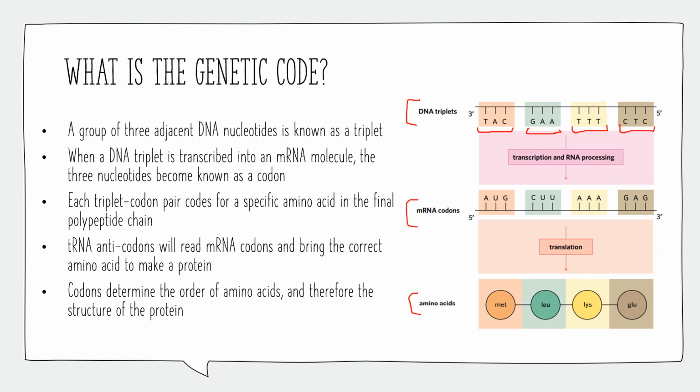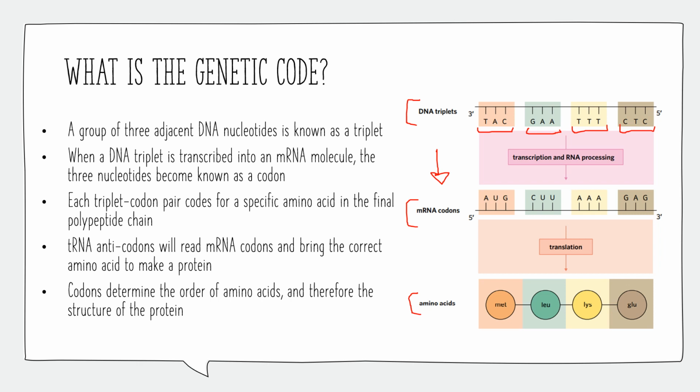When a DNA triplet is transcribed into mRNA, these triplets become codons. So remember how I said that DNA is trapped within the nucleus. It can't perform any roles. It's very precious to us. We protect it. So what we do is we transcribe it into something called messenger RNA, which can move around.